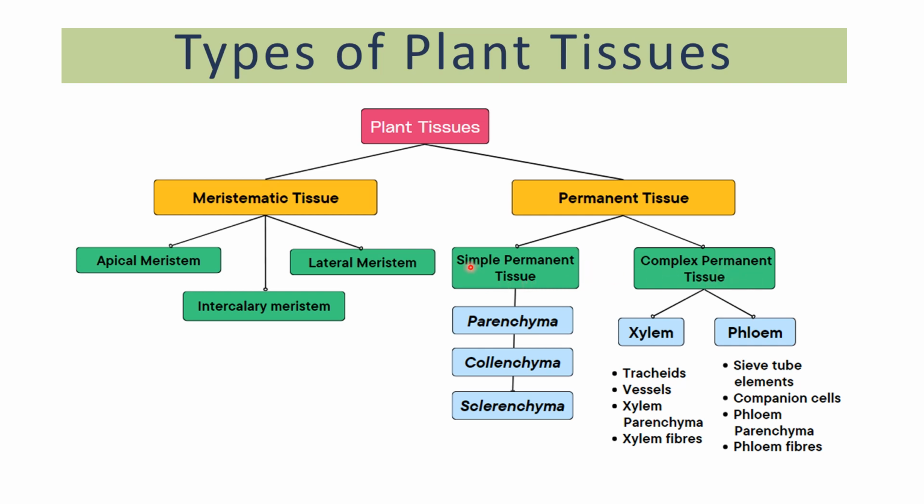A simple permanent tissue may be of these types: parenchyma, collenchyma, or sclerenchyma. A complex permanent tissue could be xylem or phloem. Xylem contains tracheids, vessels, xylem parenchyma, or xylem fibers. Phloem is made up of sieve tube elements, companion cells, phloem parenchyma, and phloem fibers.